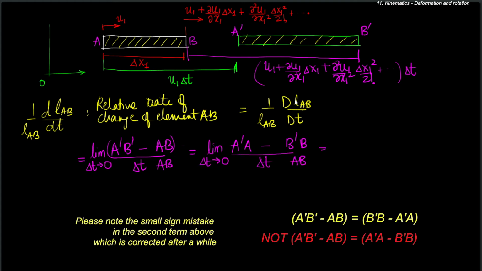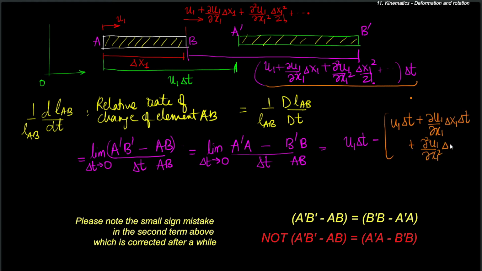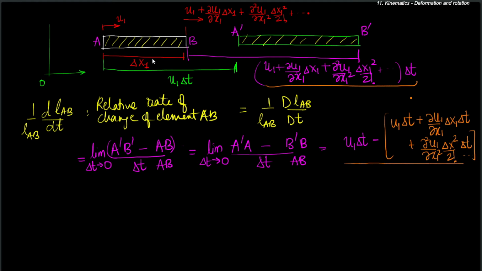Now we can recognize u1 delta t as A prime A, and this entire term, u1 delta t plus del u1 del x1 delta x1 times delta t plus the higher order terms, times delta t, as the distance B prime B, and of course AB is equal to delta x1, and we will take the limit delta t tends to 0.